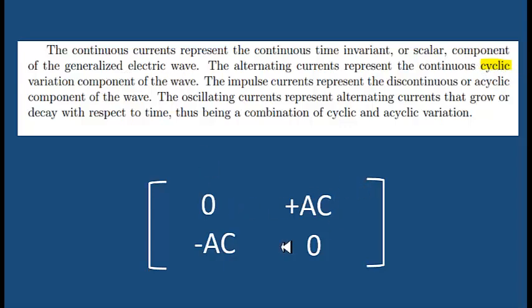In my notation, anything that is cyclic over time, I would put on the backward diagonal. That could be clockwise, counterclockwise, or positive and negative charge. If it's cyclic and or has a positive and negative sense, which are equal and opposite, then I would put that onto the backward diagonal of my complex notation.